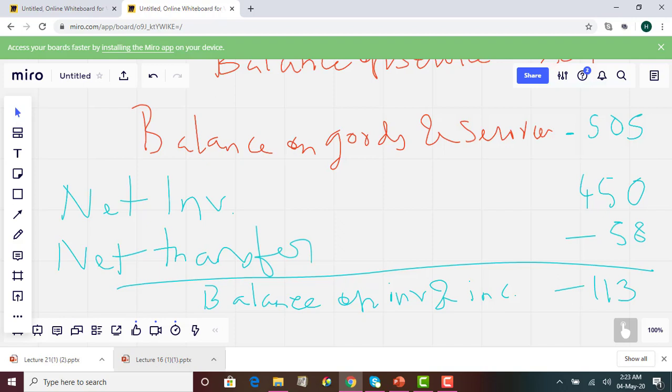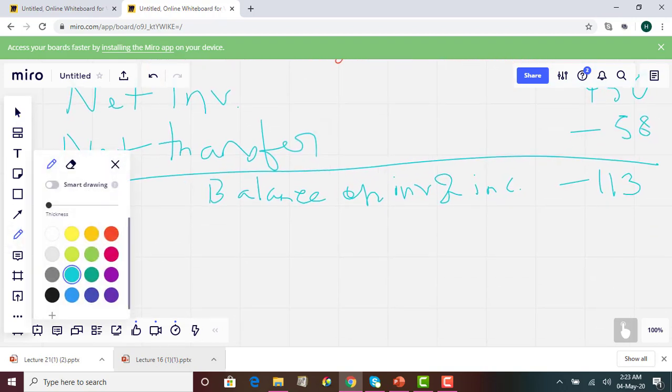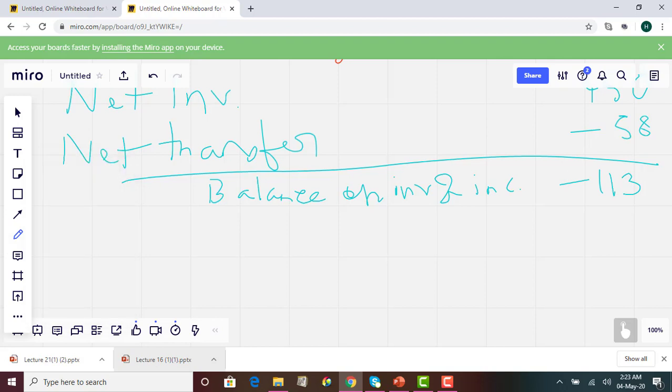Okay, and finally the last account that is listed in this balance of payment statement is basically the capital and financial account.